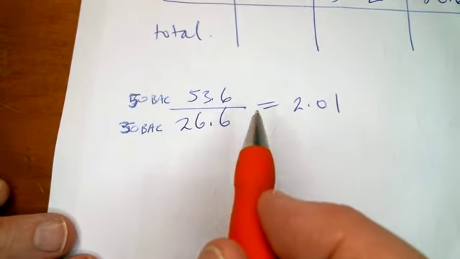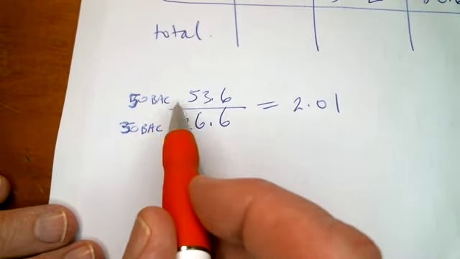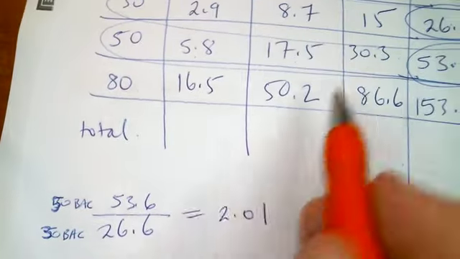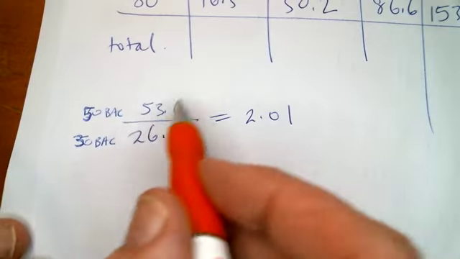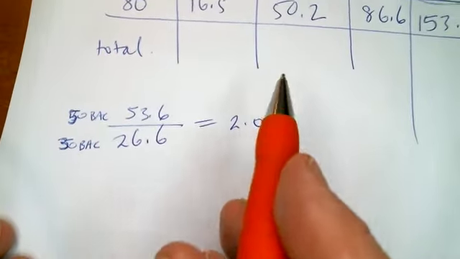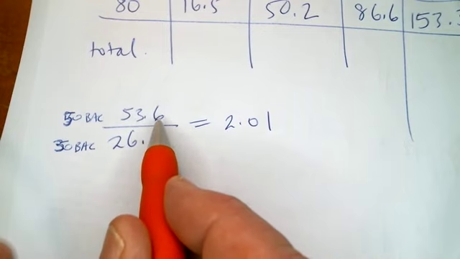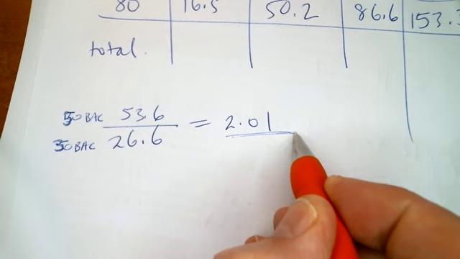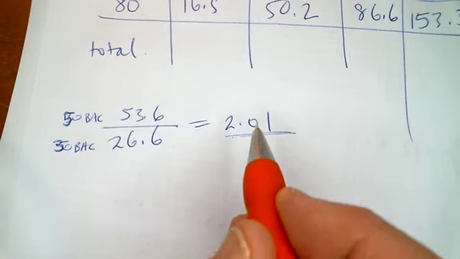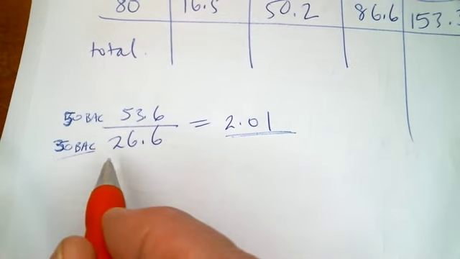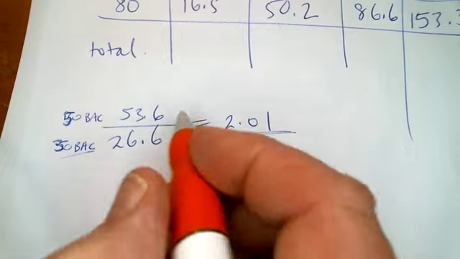So what I found here is that in all age groups, it doesn't matter what age group you are, if you take the combined age groups, your relative risk of having an accident with a blood alcohol content of 50 is twice what it would be if you were in the 30 BAC group. Or you could have this the other way around.